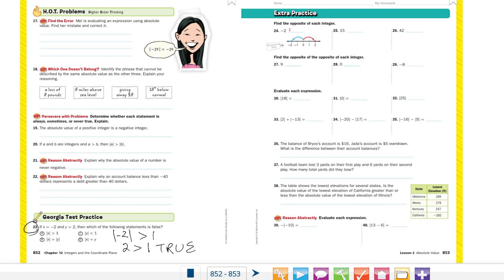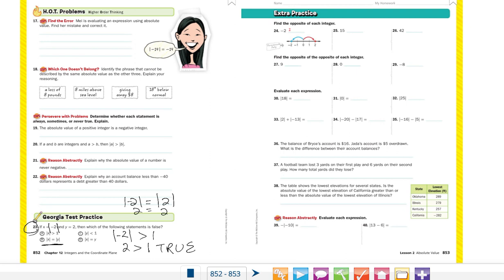Okay, the next one, B. The absolute value of y is equal to the absolute value of x. The absolute value of negative 2, does it equal the absolute value of 2?